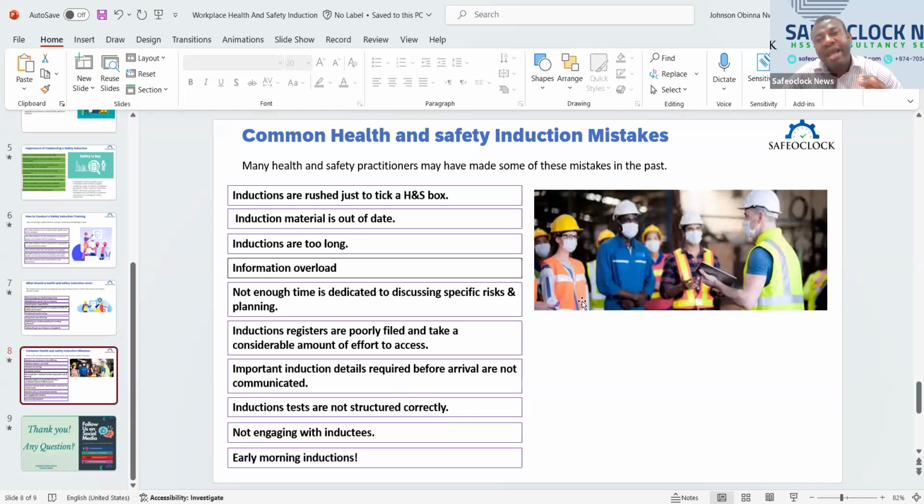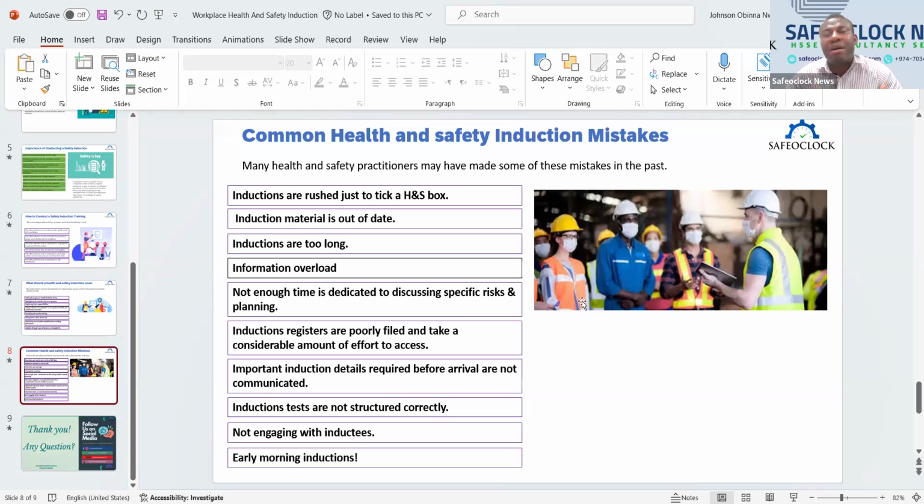If possible, induct the electrical department separately, induct the mechanical department separately, so that you'll have time to discuss specific task-related risks and hazards. The information will be detailed enough and they will understand it without getting bored.